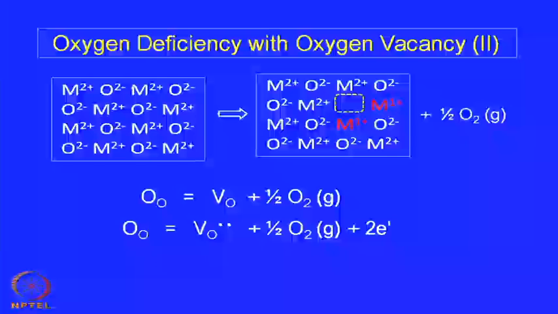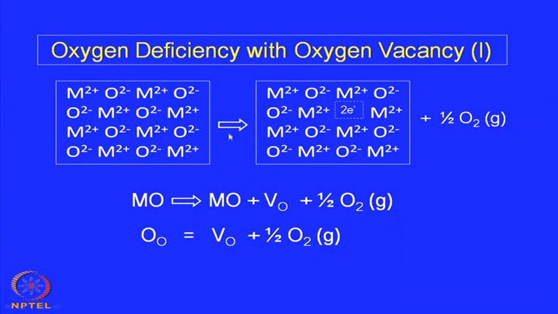Oxygen deficiency and oxygen vacancy are the same thing. Now we are talking about a charge defect, which was earlier a neutral defect. Electrons were released or left behind at that particular site where oxygen was originally there.